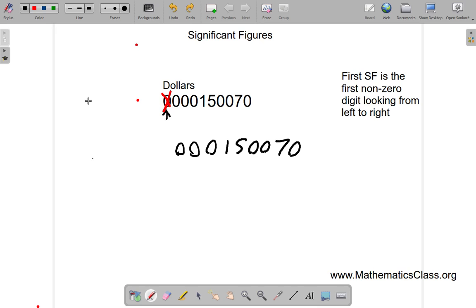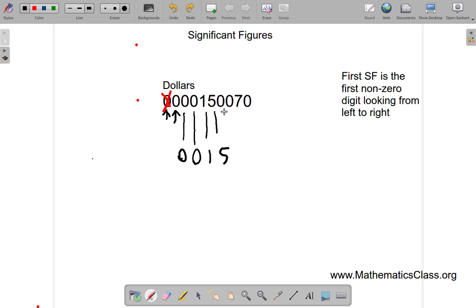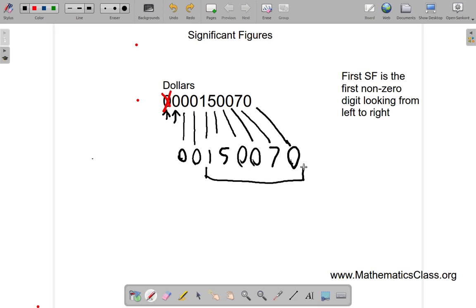Now the thing is, what about this 0? Can you get rid of that 0? Let's rewrite the figure without that 0. You have 0 0 1 5 0 0 7 0. Alright, I am still seeing your $150,070.